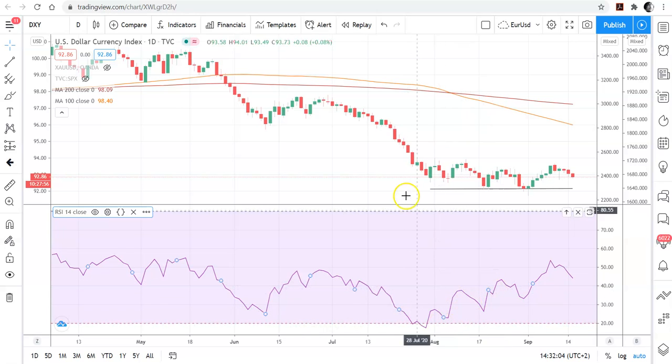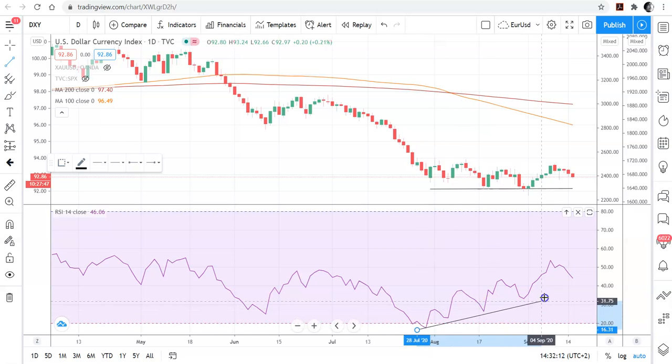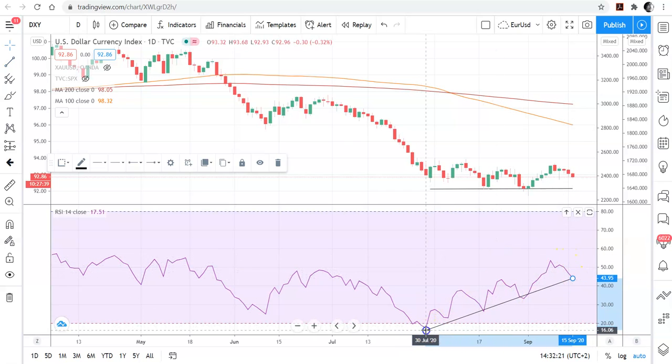So essentially the divergence here is quite obvious to see. Let me just put a little divergence there. I'll do it at the bottom instead because the top is slightly asymmetrical. So there's my rising trend line on the RSI, and I'll tailor it a bit more to the bottoms there.